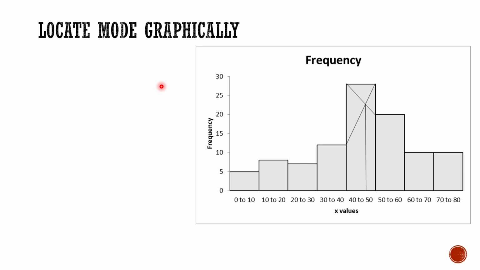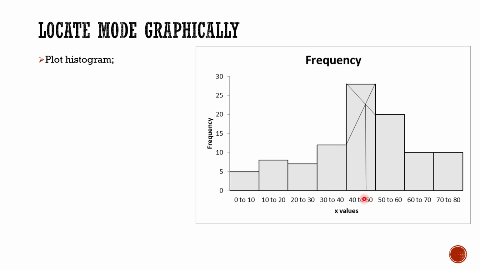First, plot the histogram. Represent the given data in the form of a histogram. The height of each rectangle is marked by frequencies. You can see that the height of this rectangle corresponds to the frequency of this class interval as shown in the graph.